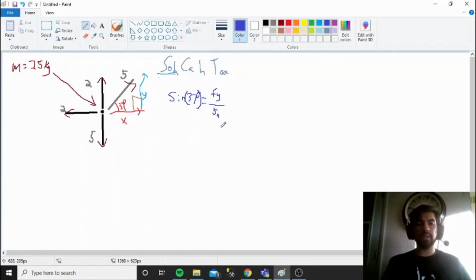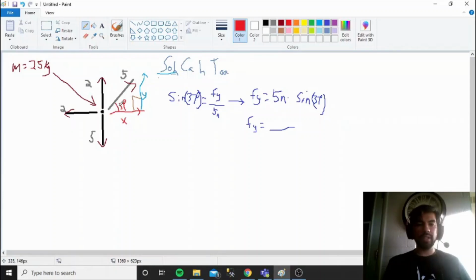So in order to get my Fy, multiply 5 to both sides, so Fy equals 5 newtons times sine of 37 degrees. I'll do that in my calculator later. Voila, that's what it equals.